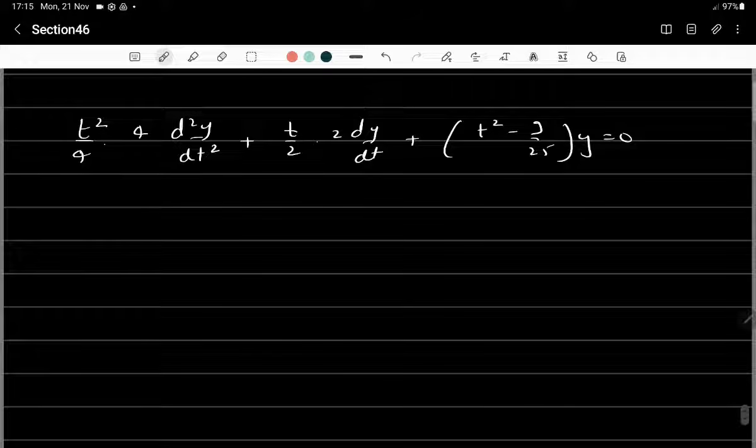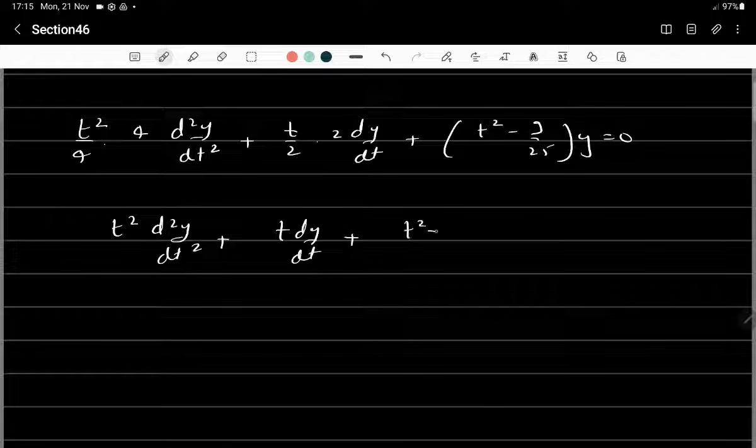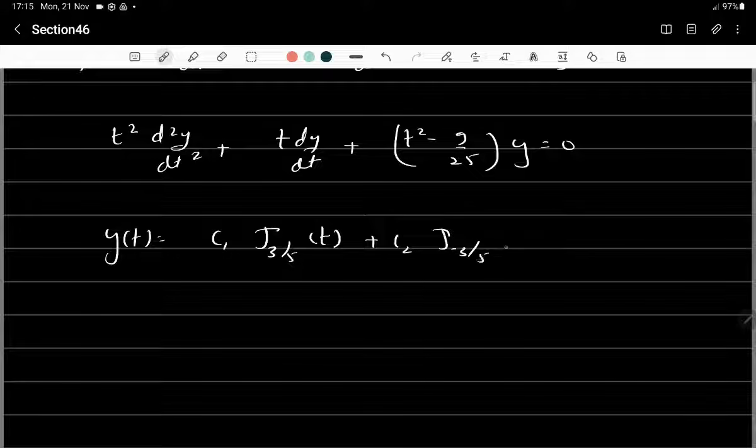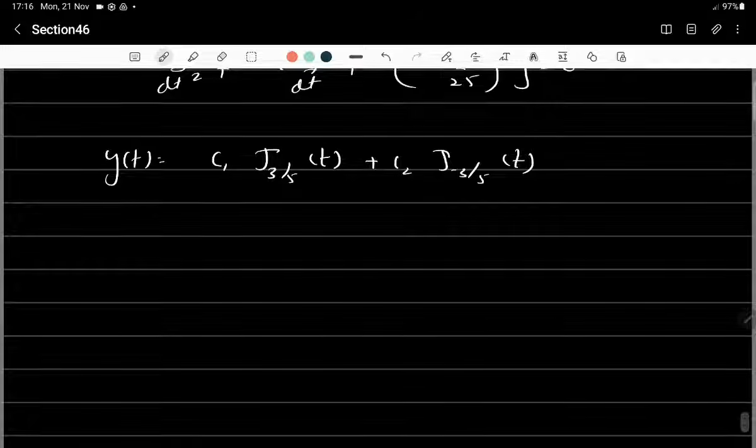So it easily gets reduced into the Bessel equation, which is t^2 d^2y/dt^2 + t dy/dt + (t^2 - 9/25) y = 0, which is a Bessel equation, and therefore the general solution y(t) is c1 J_{3/5}(t), because p is 3/5, plus c2 J_{-3/5}(t), and it's not an integer, so that is how my general solution looks. If I have to find y of x, then I replace t by 2x.